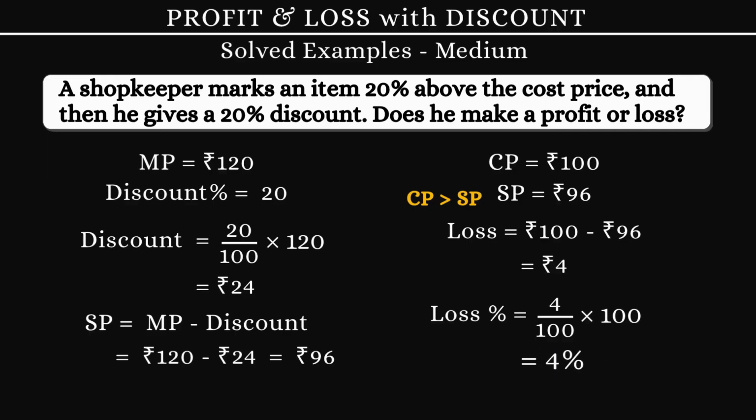Now, we chose 100 rupees here because the loss amount here will be same as the loss percentage which we get. Since the cost price is 100, these two hundreds will cancel each other. Even if you assume any other value for the cost price, you will still get the same answer.